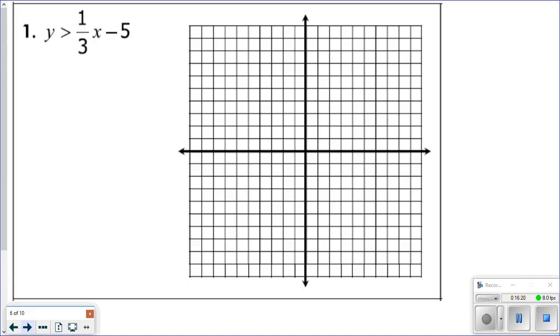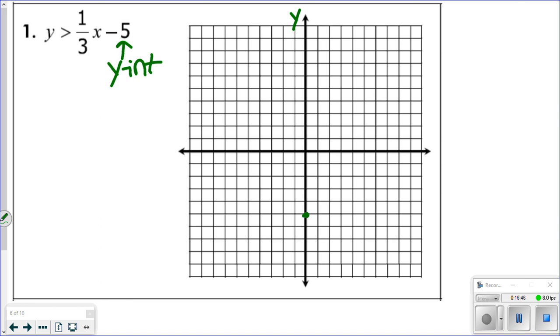All right, let's look at question 1. Y is greater than 1/3 x minus 5. This is already slope-intercept form. Perfect. So let's go ahead and start graphing this right away. Remember that -5 is our y-intercept on our y-axis. So go down 1, 2, 3, 4, 5.